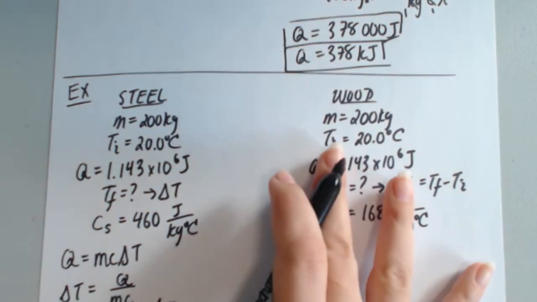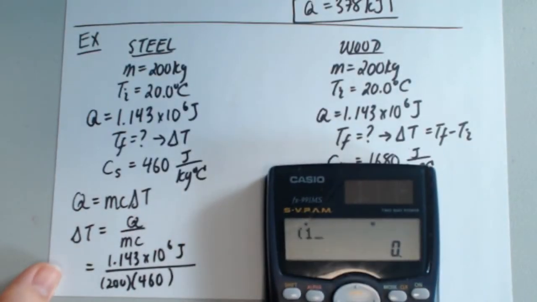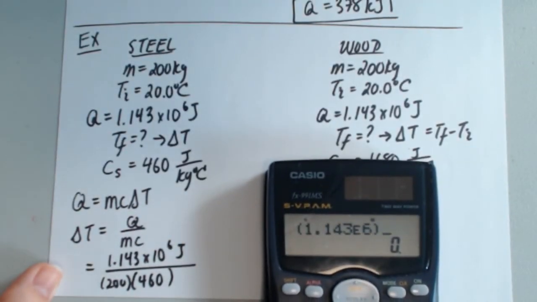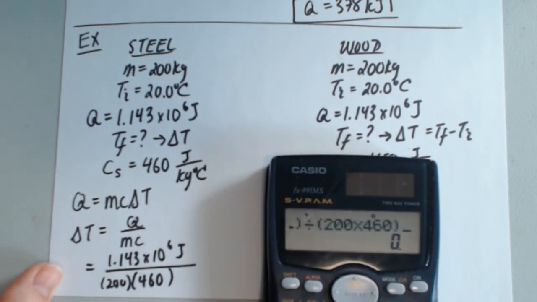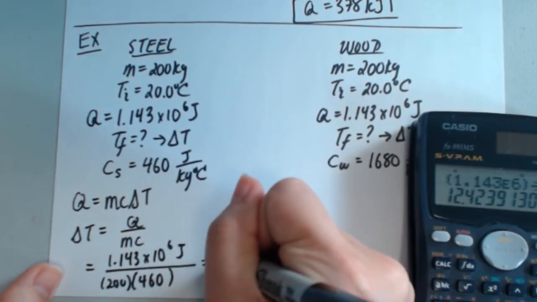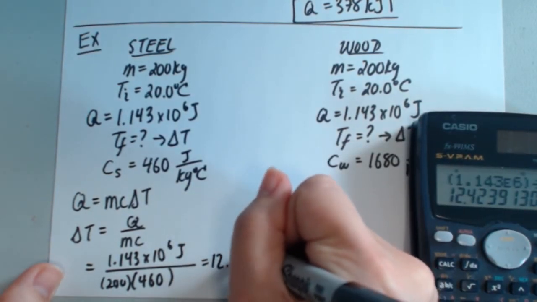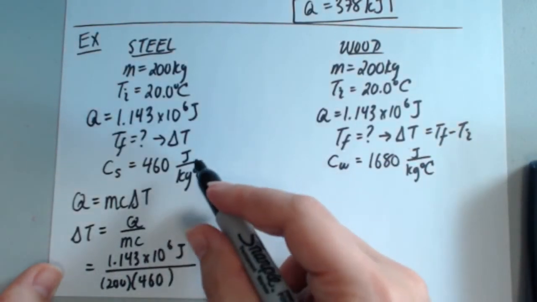I've already verified that all the units match up, so I'm not going to write the units in this time. So 1.143 times 10 to the 6 divided by 200 times 460 is 12.4 degrees Celsius. That's the change in temperature. So delta T is 12.4.